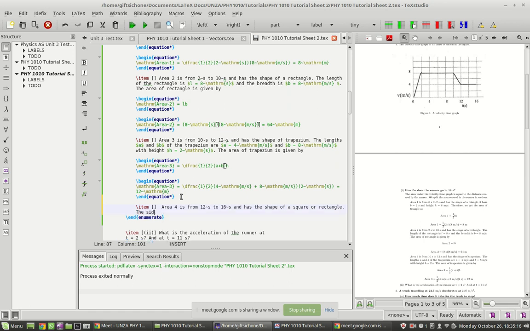The sides of the rectangle: how much is the length? 4 seconds.